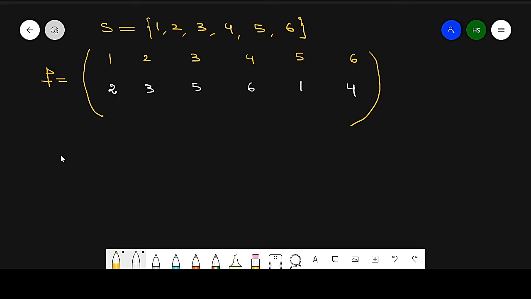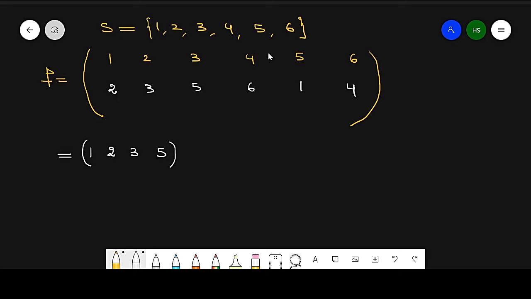Now check. I start from 1. 1 goes to 2, 2 goes to 3, 3 goes to 5, 5 goes to 1, so it returns to the first element and the cycle is complete. This cycle contains the elements 1, 2, 3, 5.